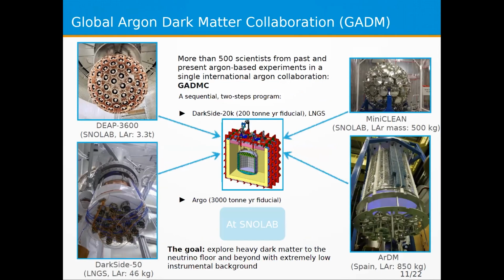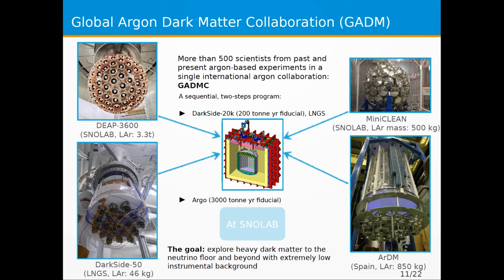So right now, all of the argon experiments are focusing on building one detector, and created a global dark matter collaboration in 2017. More than 500 scientists from 14 countries, as far as I remember, are working on that. There are people from DEAP, DarkSide, MiniCLEAN, SNOLAB, and ReD. The DarkSide-20k should have a 200 ton-year fiducial exposure.